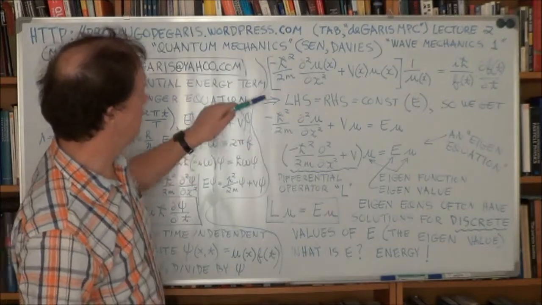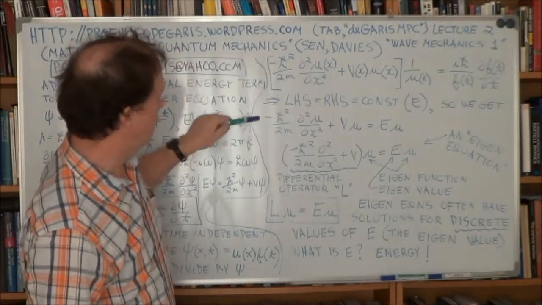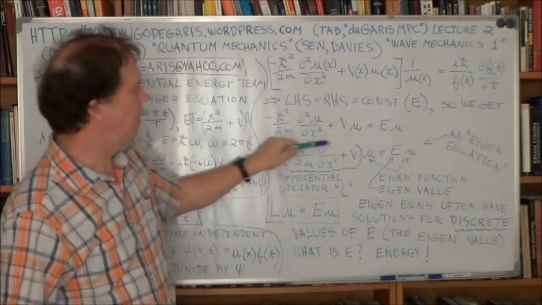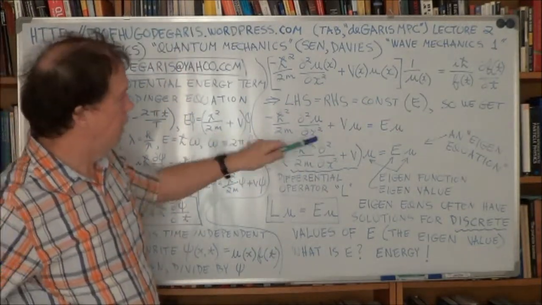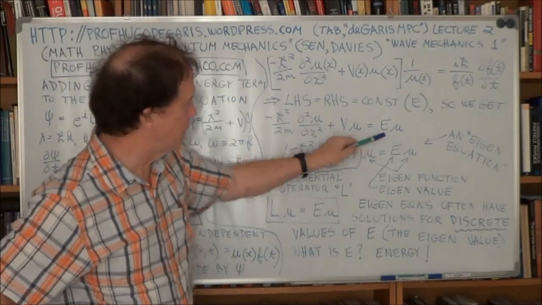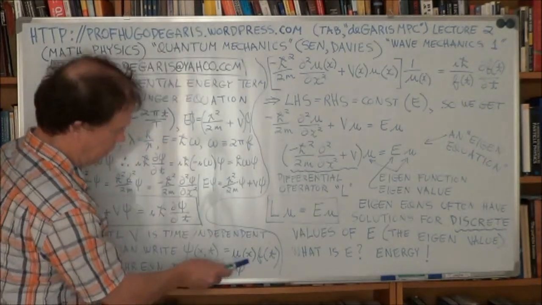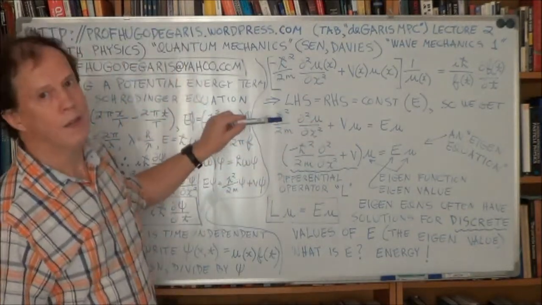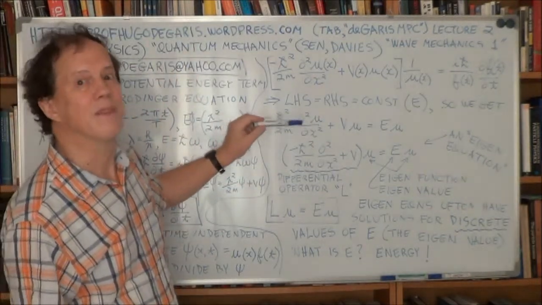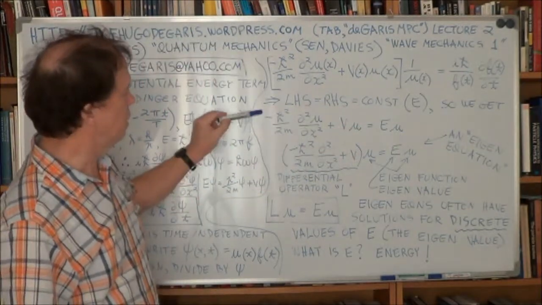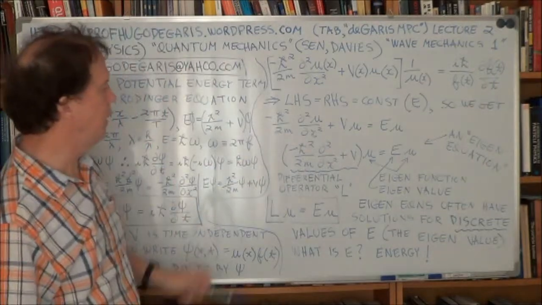So this becomes this. Now remember, this potential is only a function of x. U is a function of x. Down here, u is a function of x. So this whole equation is now only about x, position. So this is a position type equation.